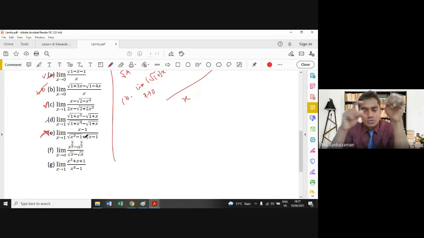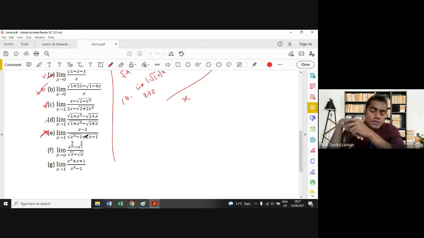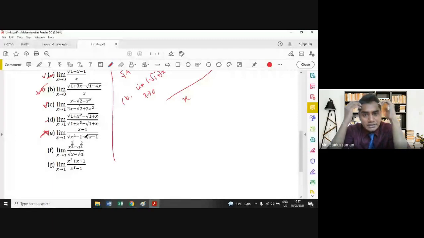Your target is to eliminate the square root part, nothing else. Your target is eliminating the square root term. For doing this, I will multiply by the opposite sign, then it will be out. So your main intention is removing the square root function. Okay, everybody, let's try number E.